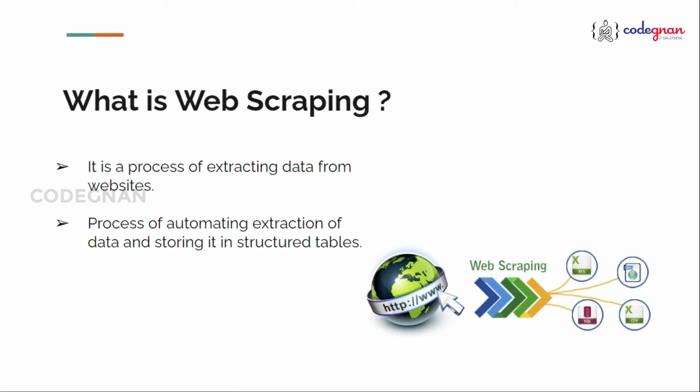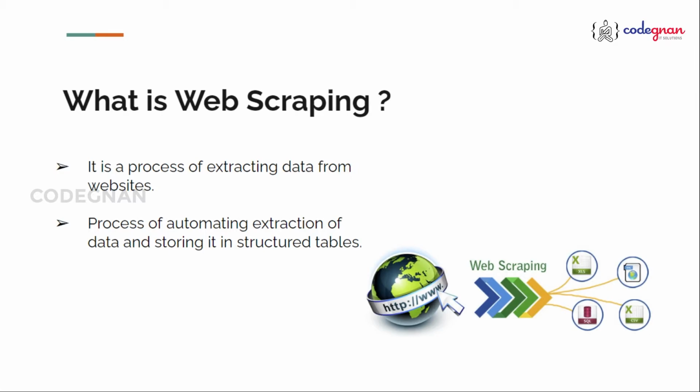Now, what exactly is web scraping? So web scraping is just a process of extracting the data from a website. You can extract any data from any website using web scraping, and it becomes easy for you to perform this web scraping using Python.